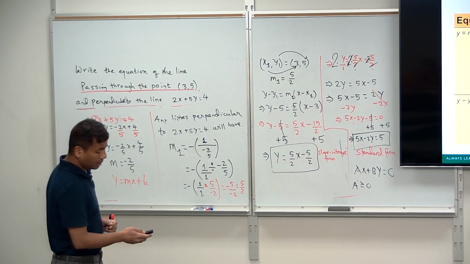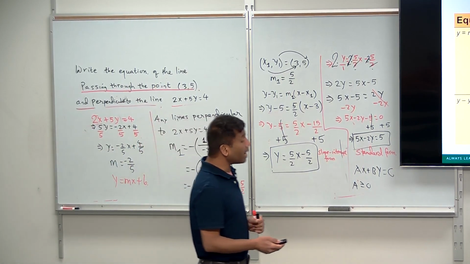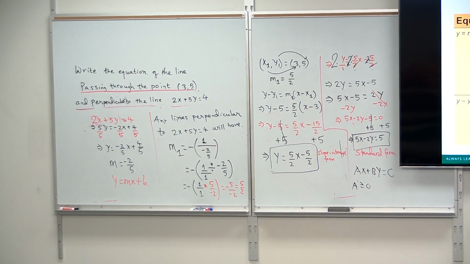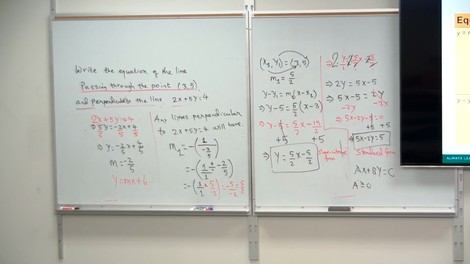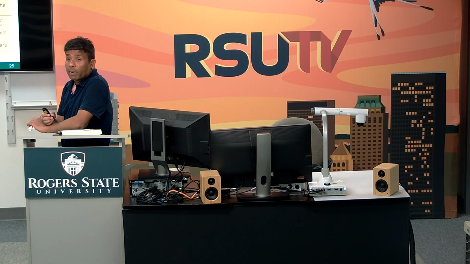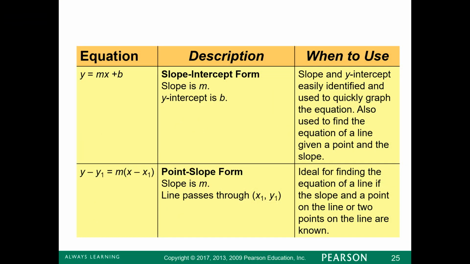If you look at the slides, you can see the equation is y equals mx plus b. That is the slope-intercept form, right? And slope is m, y-intercept is b.